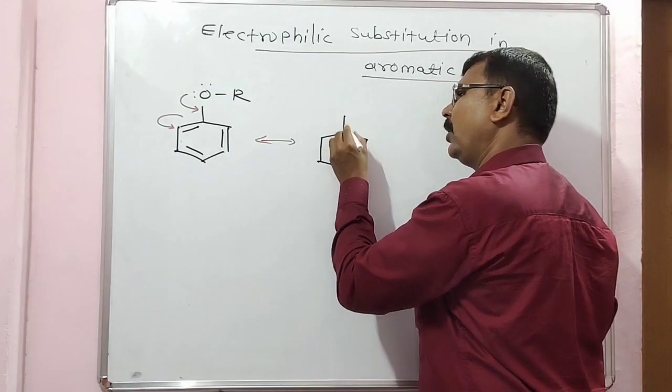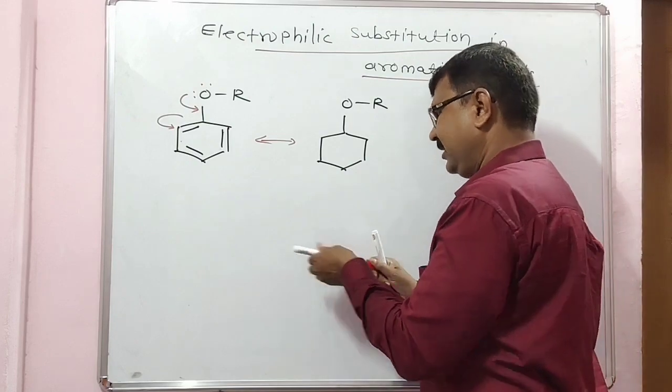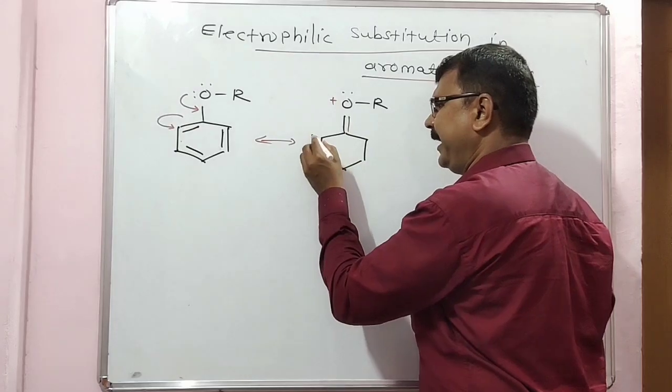Oxygen and R means the alkoxy group, with a lone pair, a plus charge, a double bond and a negative charge.